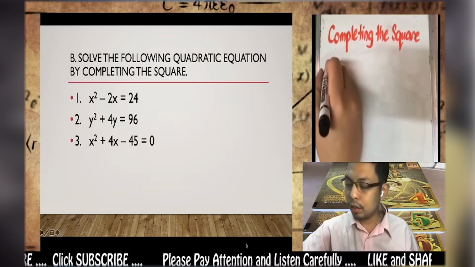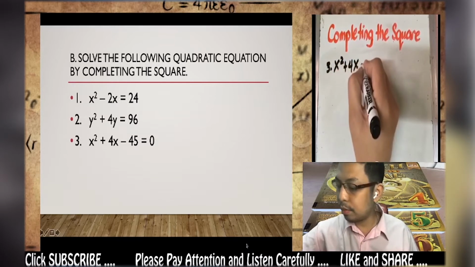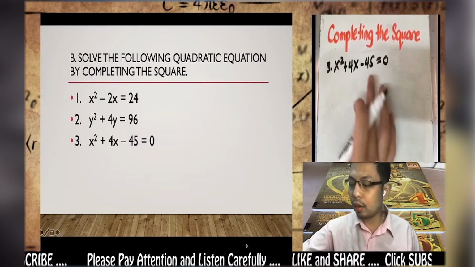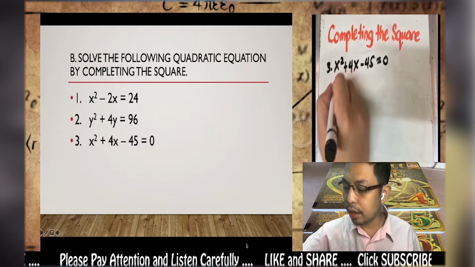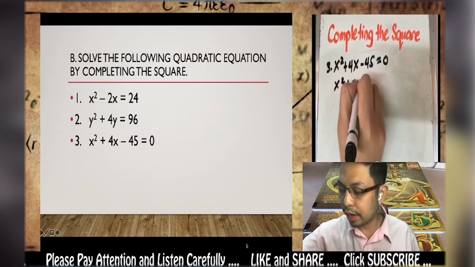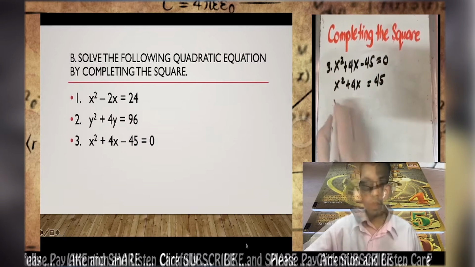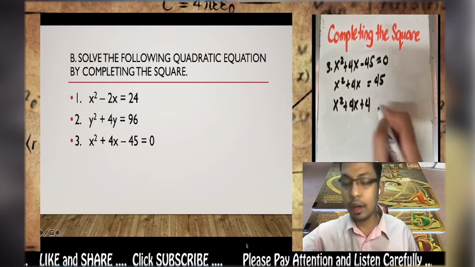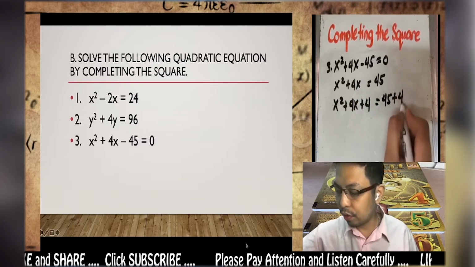Number 3, we have x squared plus 4x minus 45 is equal to 0. Be sure that the constant term is on the right side of the equation. So x squared plus 4x is equal to positive 45. x squared plus 4x plus 4 is equal to 45 plus 4.